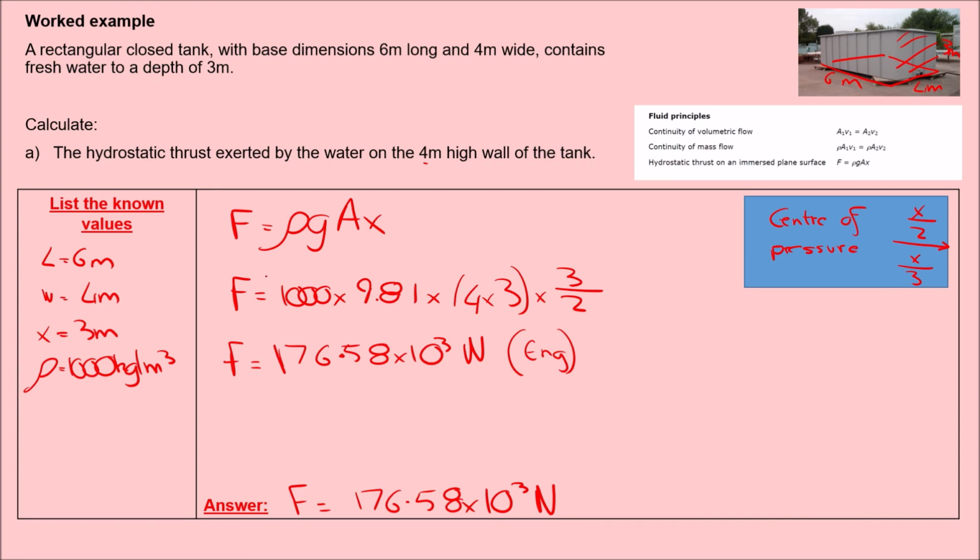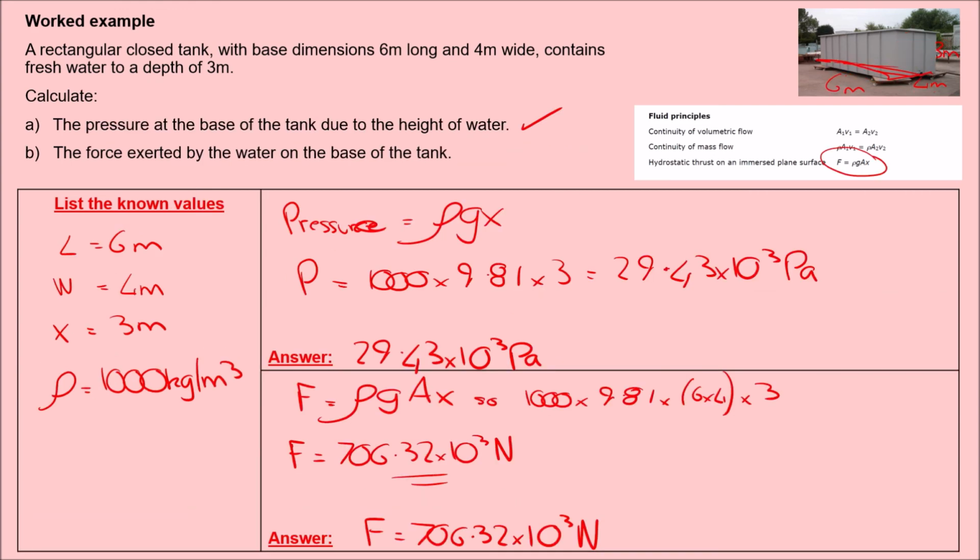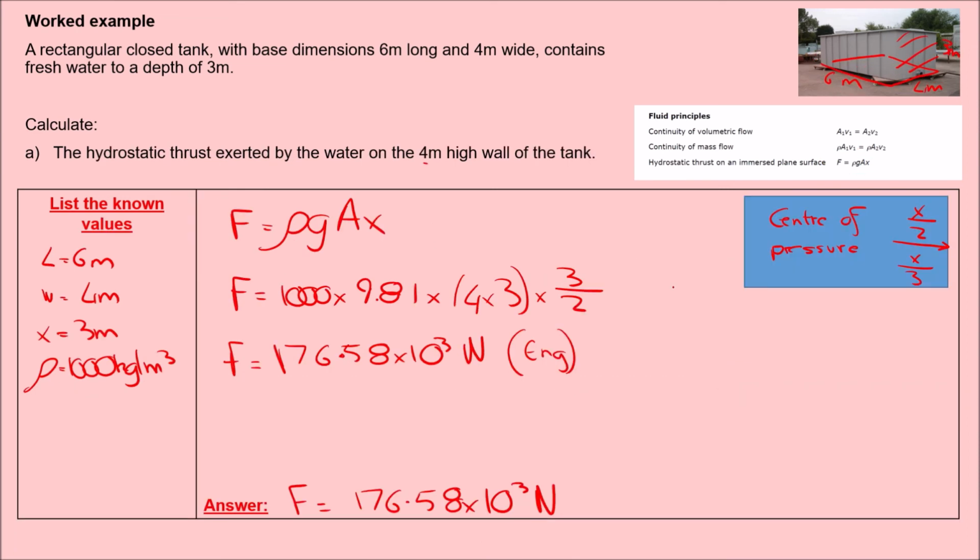It's exactly the same as we did in the previous one, but it's this value here that's changing if we're talking about centre of pressure on the side of containers as opposed to on the bottom. We'll be doing some more practice ones of these, and there are practice ones both in your workbook and on Canvas, but this is just a quick introduction to pressure and hydrostatic thrust.